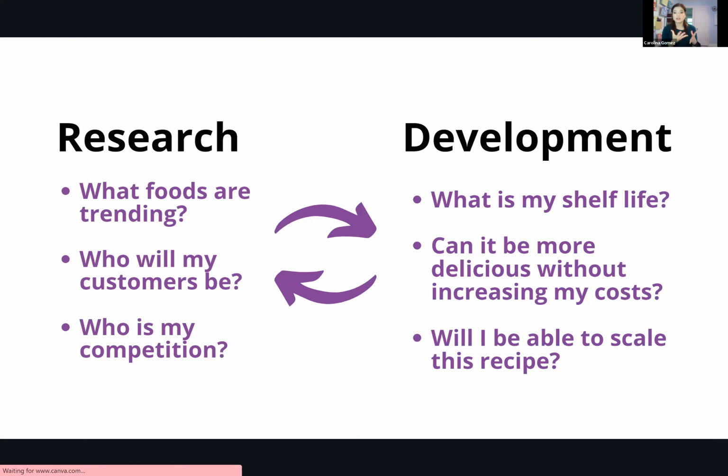Is it something that's going to last a couple of weeks at least so that you can have inventory that you can sell and then make and then sell? That's usually better, to have something with a higher shelf life. If you have something with a short shelf life, do you have the traffic and the ability to sell it quickly? Because it has a short shelf life. So you want to make sure that you're not putting money into inventory that you're going to lose.